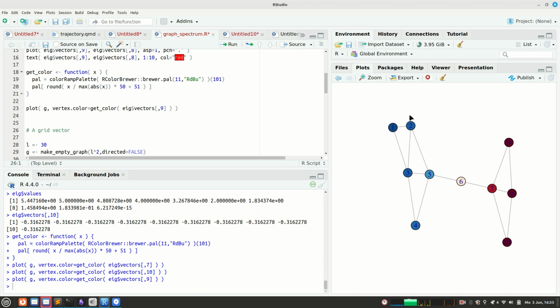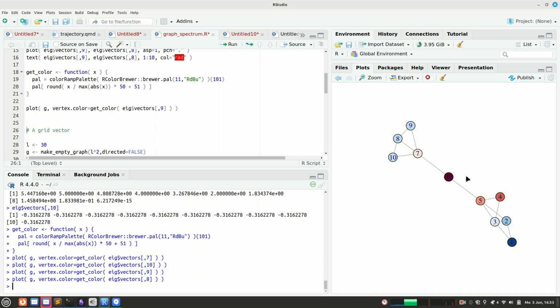You can imagine how these on the outer side always have to push heat to the left, and the heat is pushed from the right to the left and ends up here, and overall the shape stays the same. We will see this a bit clearer in the next graph that I show you, but for now this is an obvious case where you start putting all the heat on the right and it moves to the left. If you use the second eigenvector, all the heat is put in the middle and it moves outwards.